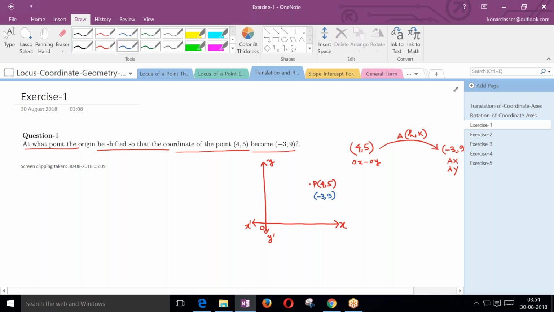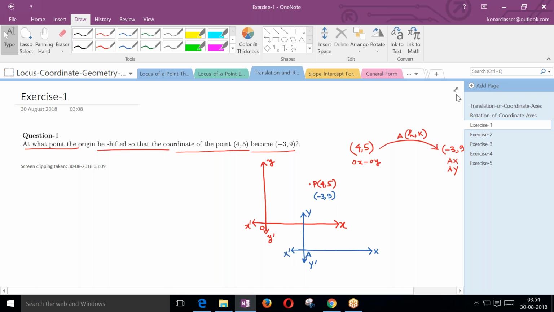That means definitely this coordinate has to be shifted. Suppose it is shifted to a position something like this. This is our new coordinate system. So that is A, that is capital X, this is capital Y, this is lowercase x, capital X dash, and this is capital Y dash.